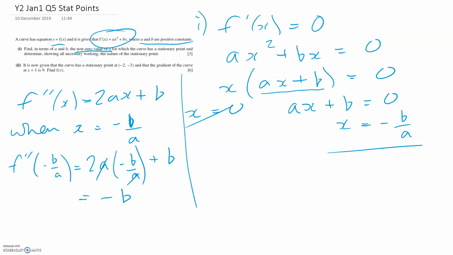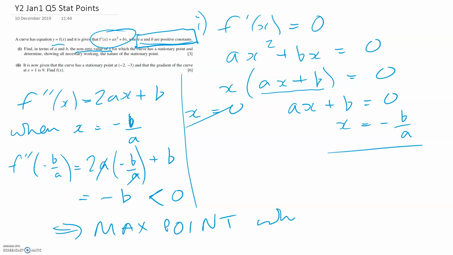So we know in the question that a and b are both positive. That means that minus b is definitely going to be negative. So this is less than 0, which means it must be a maximum point when x equals minus b over a.